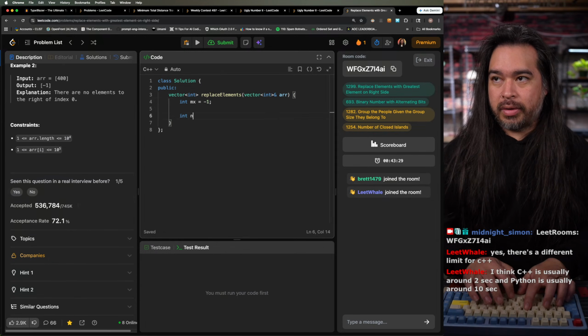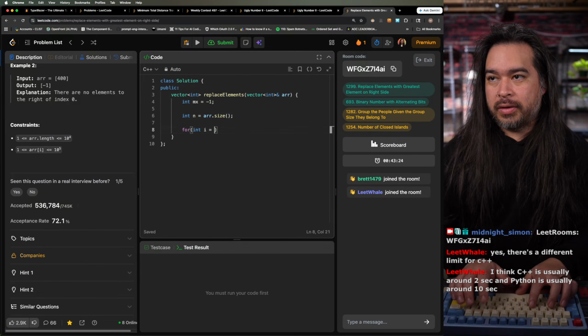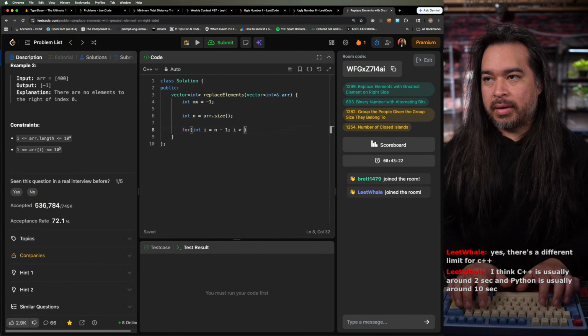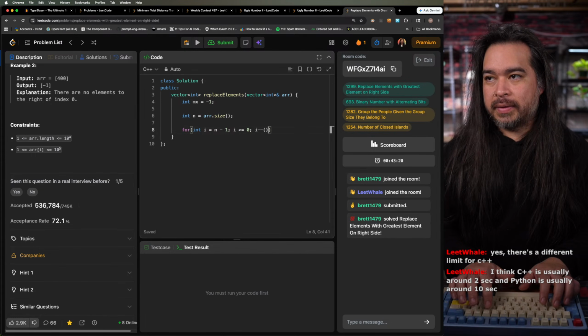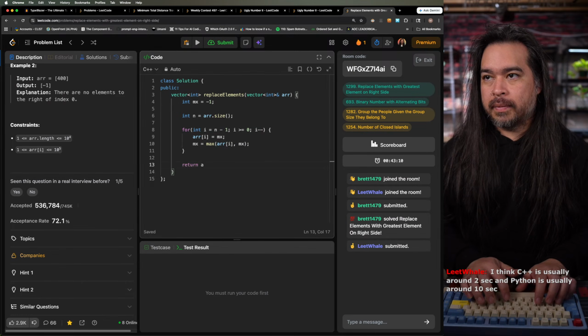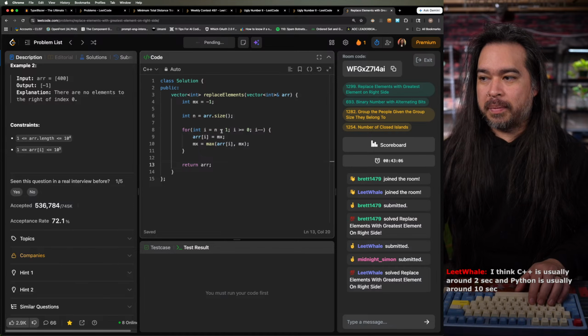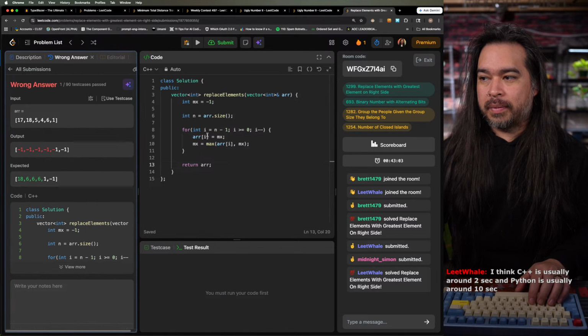All right, here we go. Iterating from the back to the front, and that should be it. Come on, man.